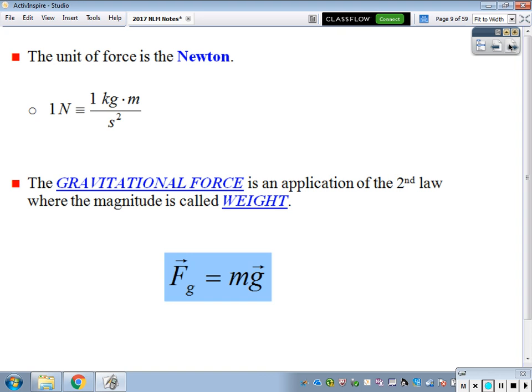So anyway, F with lowercase g as a subscript is the way that we will represent an object's weight. It is equal to the object's mass in kilograms multiplied by g, which if you follow the terms that I've been using, what does g stand for? It's not gravity. It is the acceleration due to gravity. And if you were to take a half step away from that equation, isn't that still just Newton's second law?